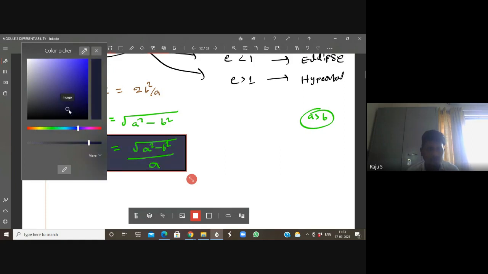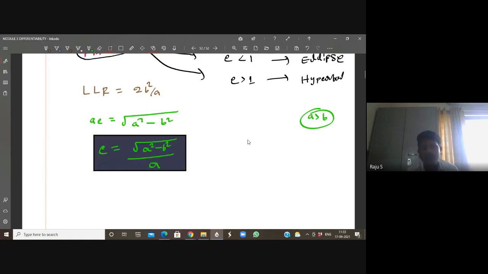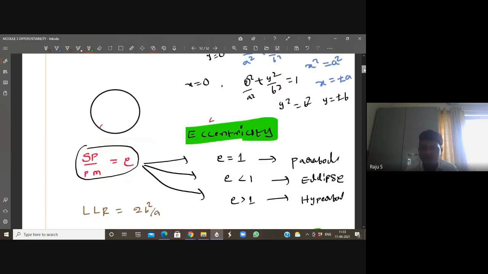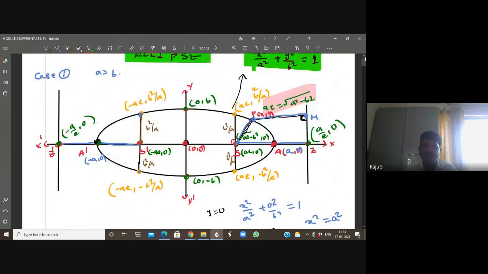Got it? This is the formula you have to remember. This is the eccentricity in an ellipse. I told you very clearly that it is lesser than 1. Let us see some examples. Here, once again, students, the ellipse has 2 foci, 2 directrices, 2 vertices, 2 latus rectums.